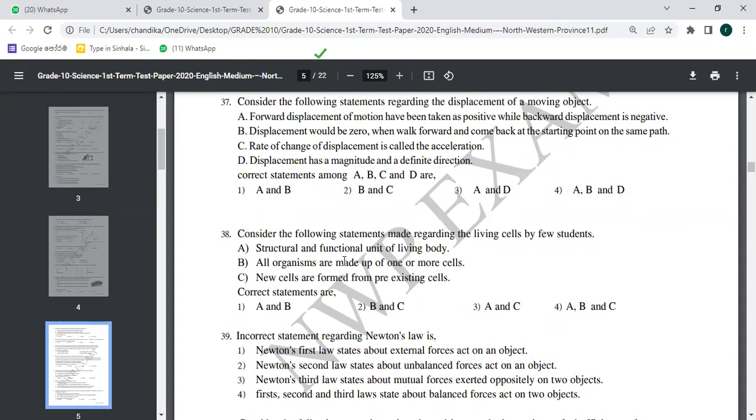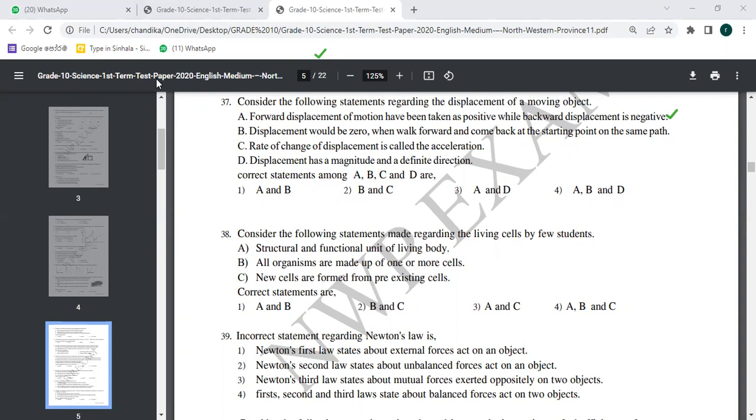A: A forward displacement of motion has been taken as positive while the backward displacement is negative. Correct or wrong? Correct.